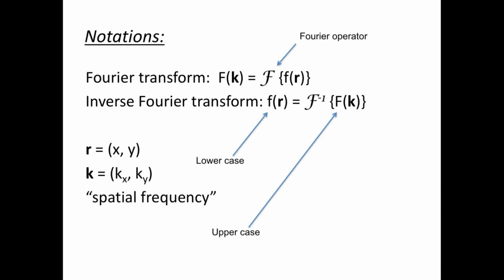So you can go back and forth from the Fourier representation to a real space representation, and if we use the discrete Fourier transformation, we don't experience any loss of information. We can go back and forth anytime we want.